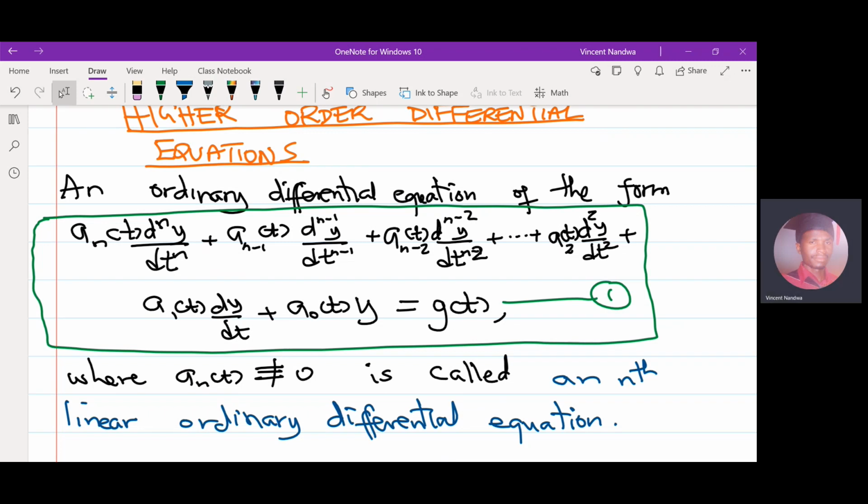And 1 is called homogeneous if g of t is equal to 0, and it is non-homogeneous if g of t is non-zero.